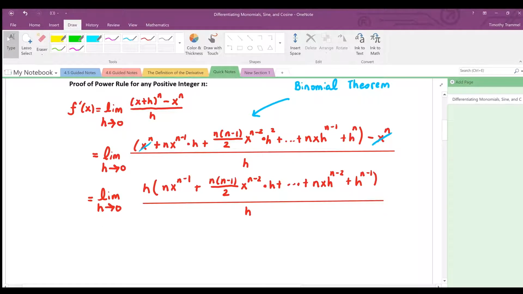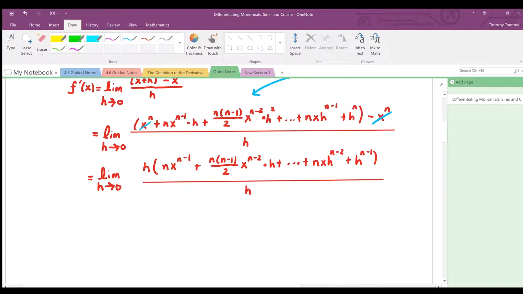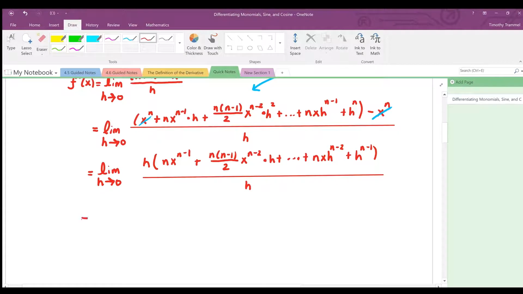All right, and h over h is just 1, so we can cancel those h's. After we do cancel those h's, I want you to note one thing about the remaining terms in the parentheses there. One of them does not have an h, the rest of them do.